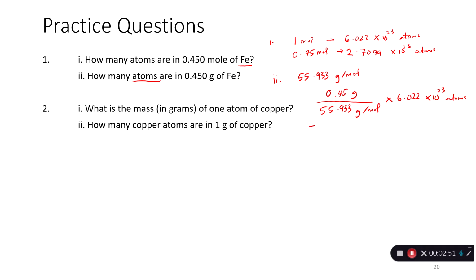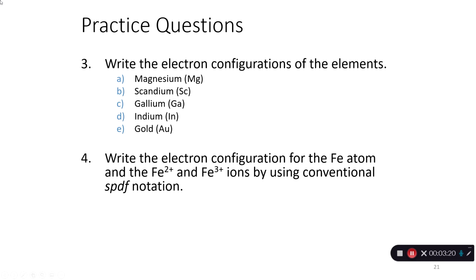The answer will then be 4.845 times 10 to the power of 21 atoms. Alright, for number 2, you can refer to the example in the slides because we've already solved this. Now let's go to question 3.